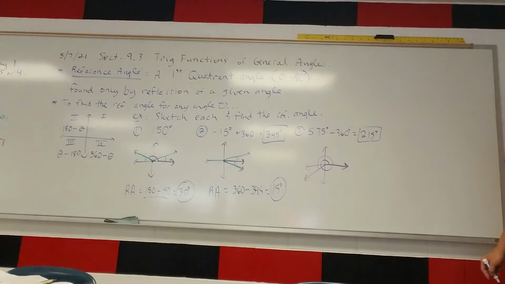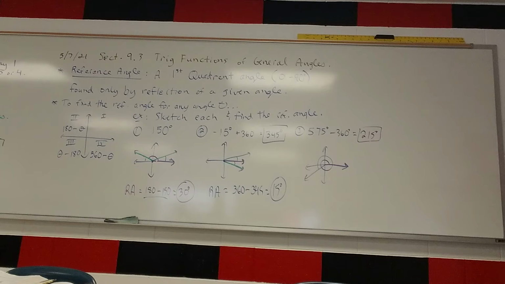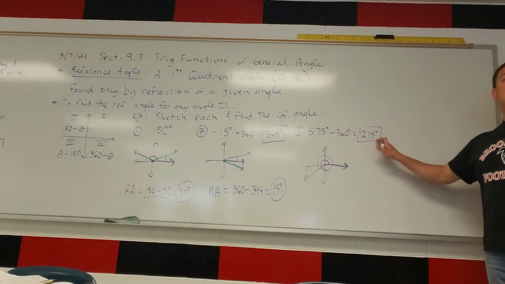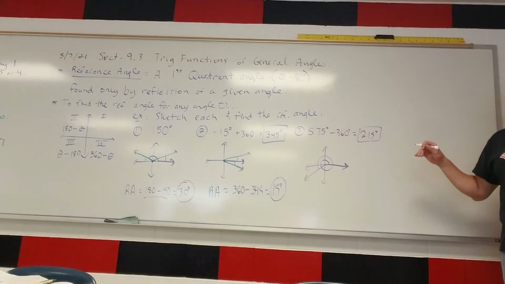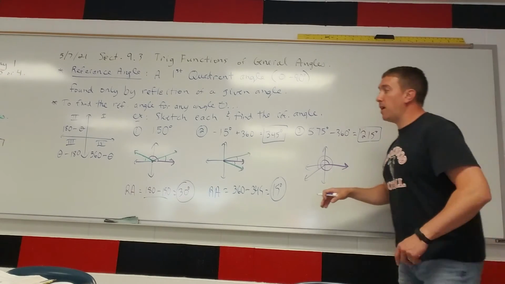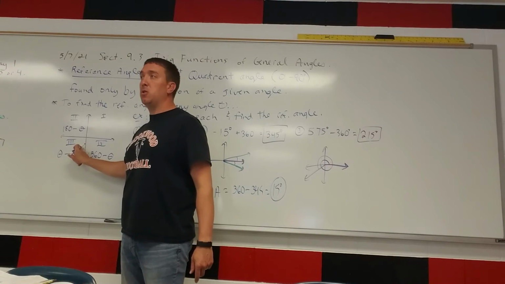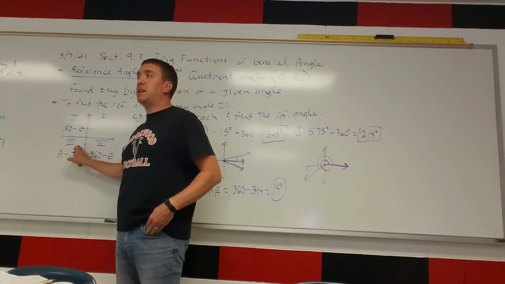Got that? Now, here's the bonus. Not only did finding 215 degrees for the purpose of sketching our graph help us figure out what the sketch looked like, 215 degrees is also the measure between 0 and 360 that we have to use to find its reference angle, right? To find the reference angle in quadrant 3, this is the goofy one. This is where you don't actually subtract it from anything.